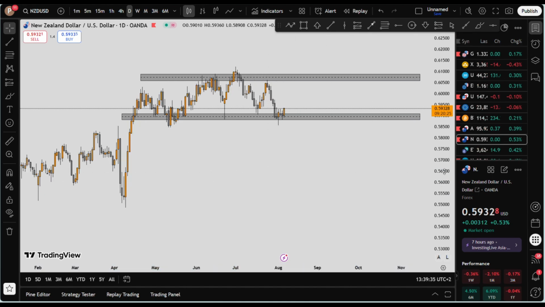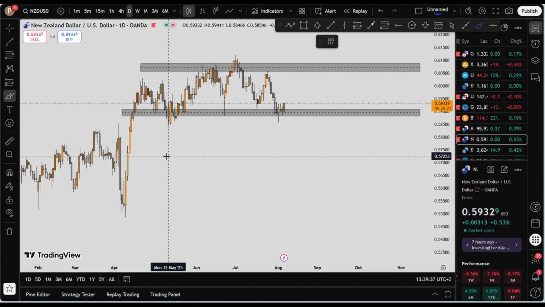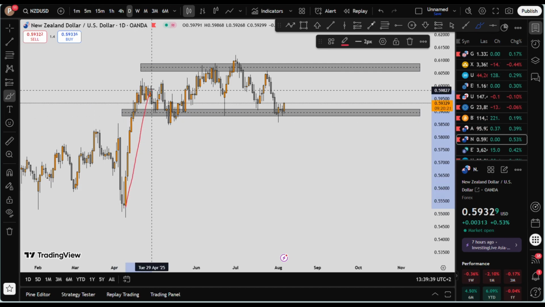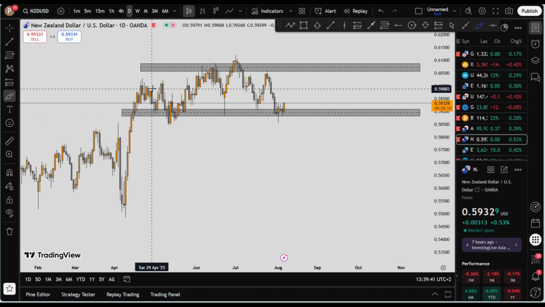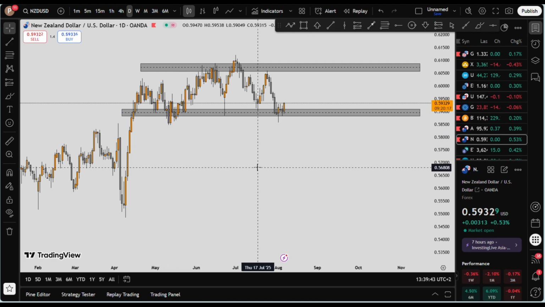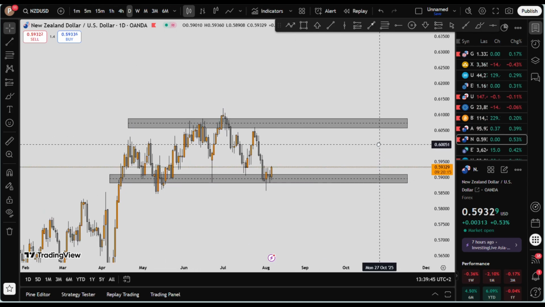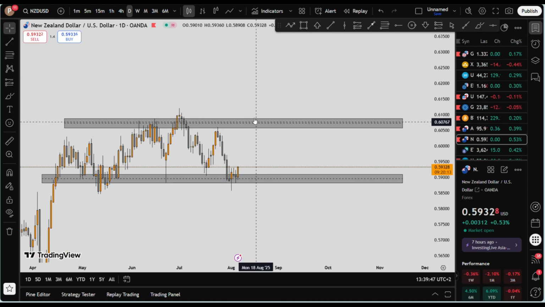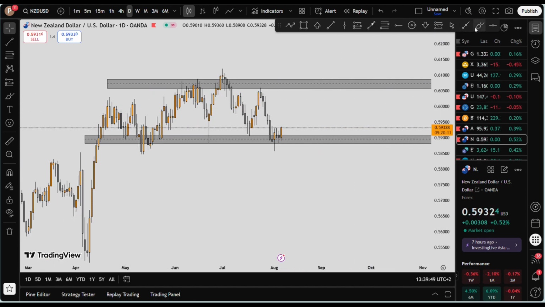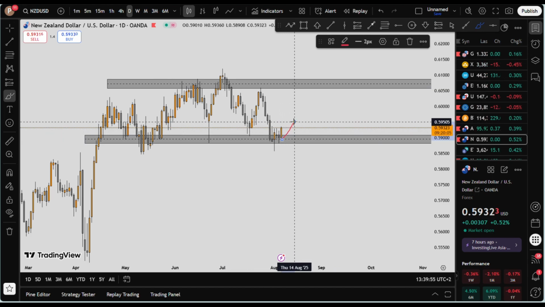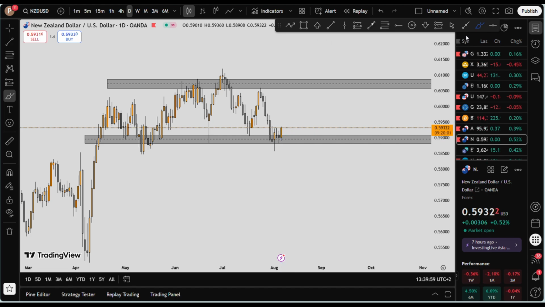Let's remove it for now, because we saw that it gave us that impulse, that rejection on the monthly. As of now, on the daily, we are faced with this support and resistance, and it's currently supporting off of this level. This support level is currently buying, as we can see right now for today. It's very clear.